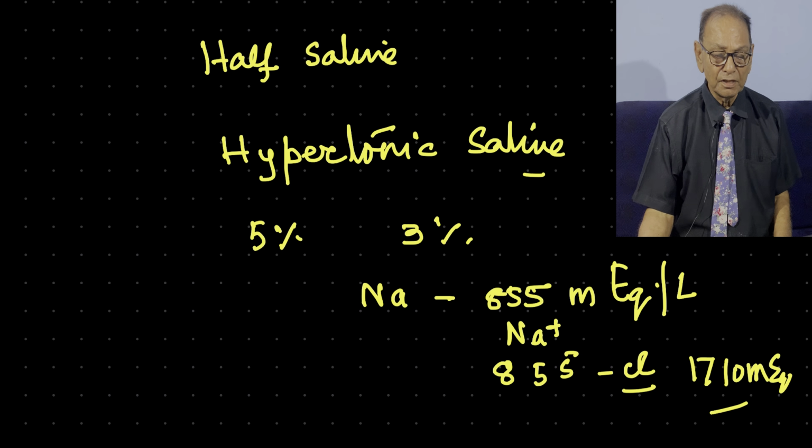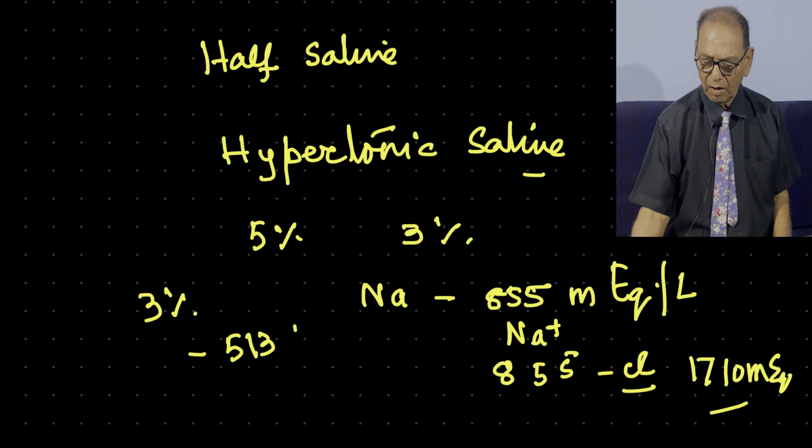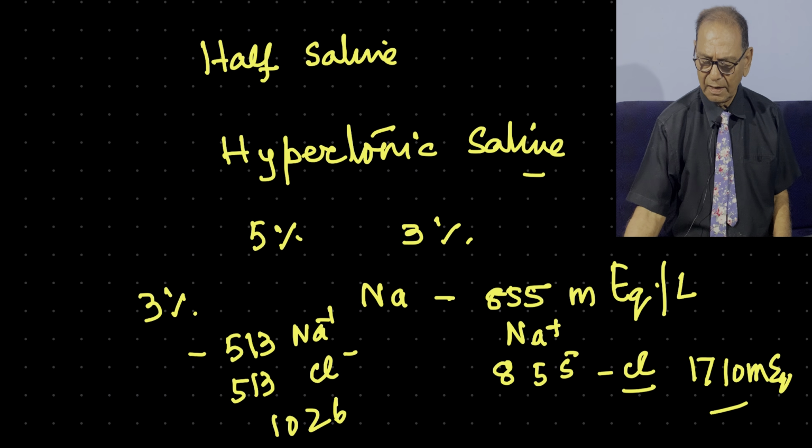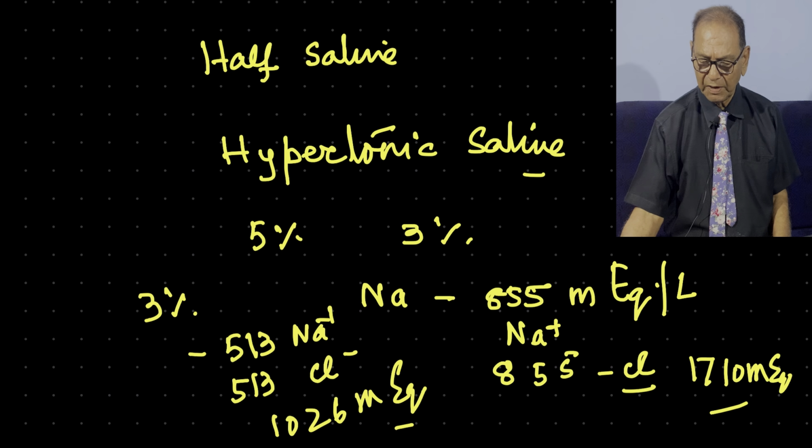Another is 3% solution, and it is weaker, so the 3% solution delivers about 513 milliequivalents of sodium and 513 milliequivalents of chloride ions. That is a total of 1026 milliequivalents, or in other words, it will deliver an osmotic pressure of 1026 milliosmoles.